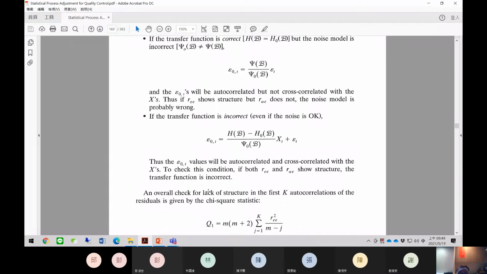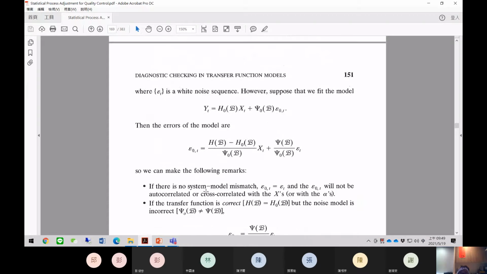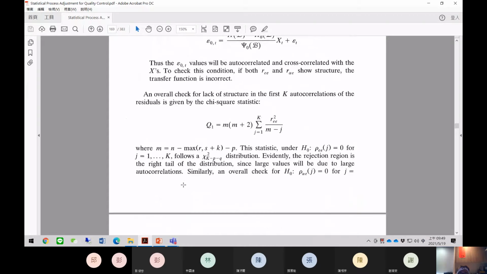So typically, if the model is correct, we wish the chi-square test statistic to be very small. In such a case, we do not reject the null hypothesis. We accept the model, which is considered adequate for the data. Similarly, an overall check of the null hypothesis for the cross autocorrelation.